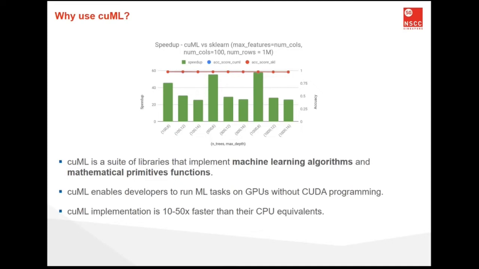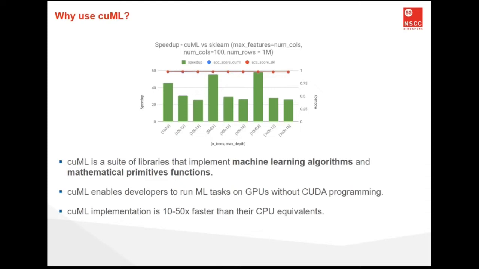In most cases, cuML's Python API matches the API from scikit-learn. For large datasets, these GPU-based implementations can complete 10 to 50 times faster than their CPU equivalents. These can be referred to in the cuML benchmarks.